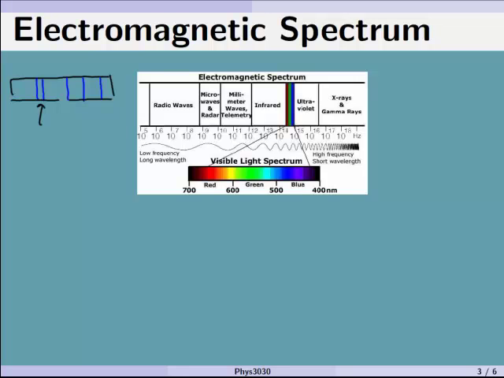We'll talk about this in the next lecture, but we know exactly what's going on here. So I can tell you that this line comes from an excited hydrogen atom, say. It's the shift of those lines, and they all shift together. It's the shift of those lines that we're looking at when we talk about redshift and blueshift.